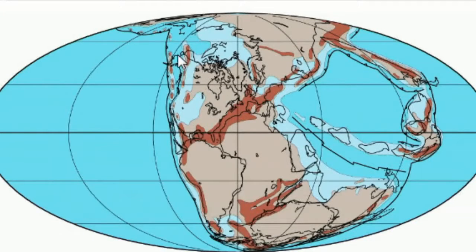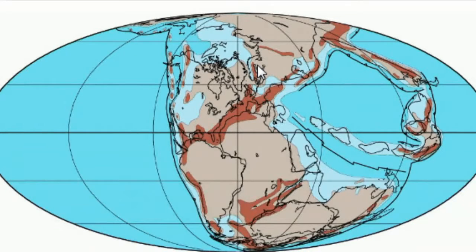So this is North America here. Here's Alaska. Here's Vancouver Island. Here's where we are in Interior BC. We're talking about the east coast of North America here, Africa, and over here is Europe, and here's Finland and Sweden, Scandinavia up here.